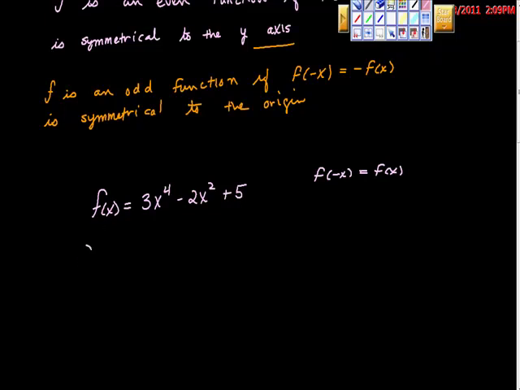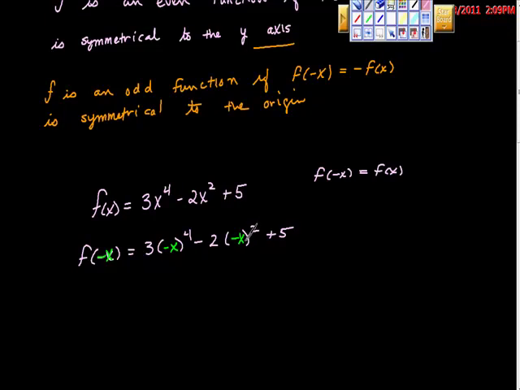So what I'm going to do is take f of opposite x here. Let me do it in this color. I'm going to have 3 to the fourth minus 2x squared plus 5, and just do our substitution here and put in opposite. But look what happens.